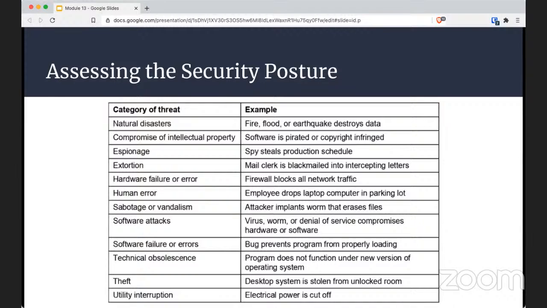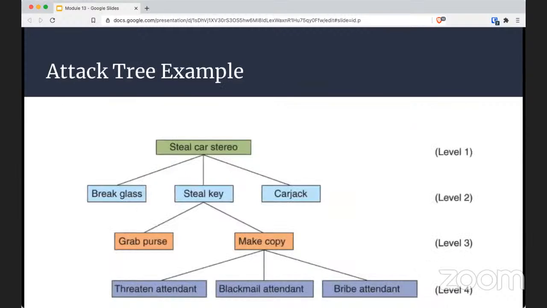Now, in order to set up these threats in a way that makes sense to our audience, who is typically not the experts in security, we can make graphs like an attack tree. In this example, we have the stereo. A car stereo is the asset.